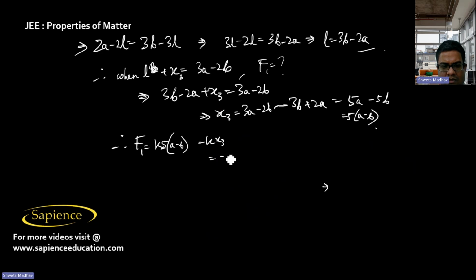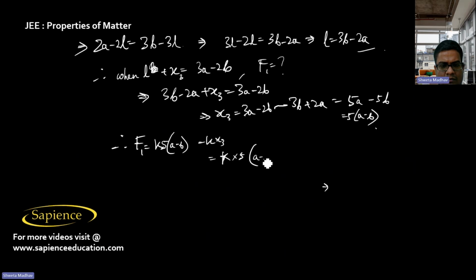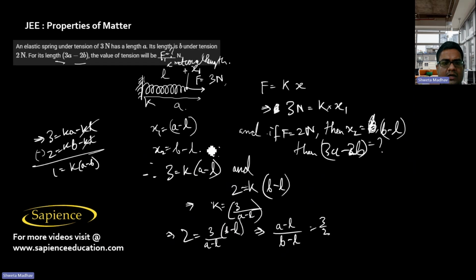So therefore, K into x3 is K into 5 into a minus b. So this is 5 into K into a minus b. Now K into a minus b is equal to 1. So this is 5 into 1, that is 5 Newton. So 5 Newton will be the value of the tension in this case. So 5 is the answer.